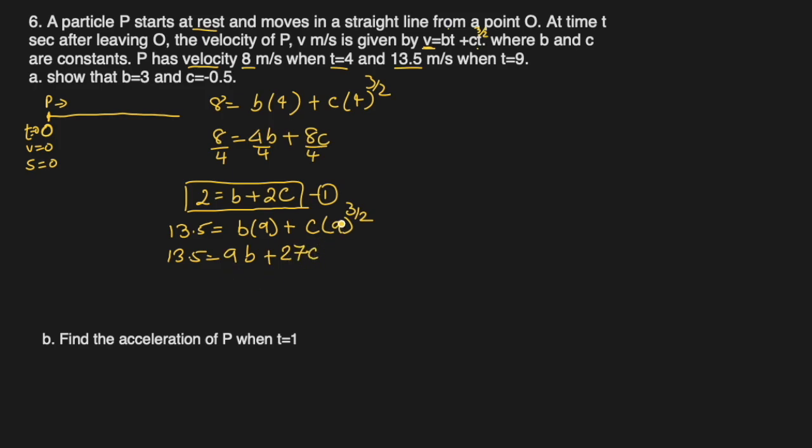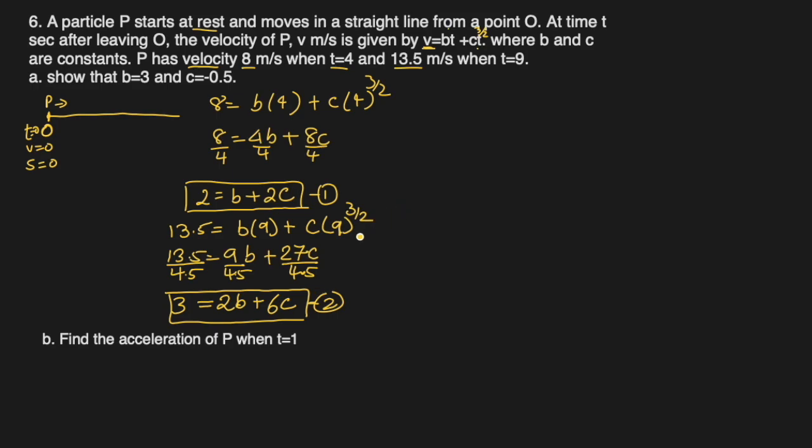Please use your calculator if you want to ensure this is correct. Okay, all of them are multiples of 4.5. To simplify this, I'll divide all of them by 4.5. You can keep them like this, but the calculations will be larger. That's why I'm simplifying. So 3 equal to 2b plus 6c.